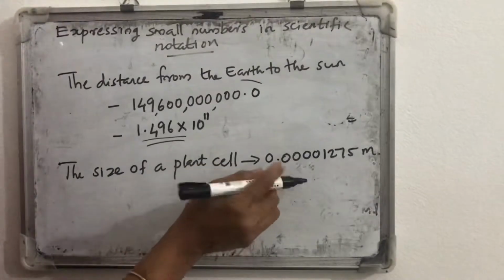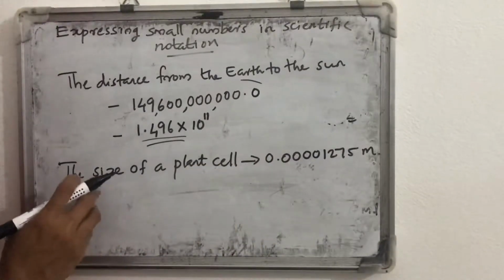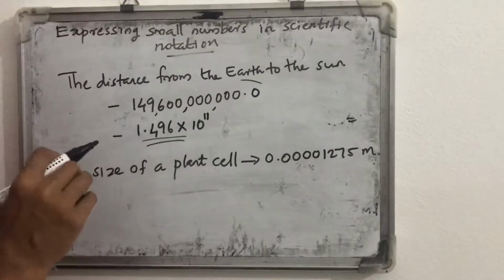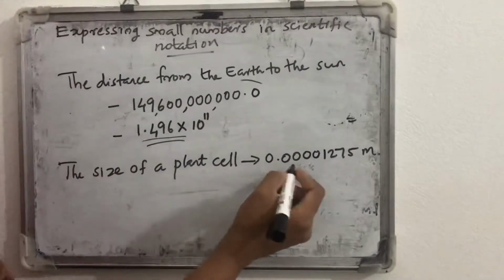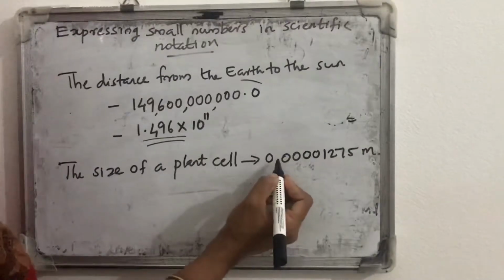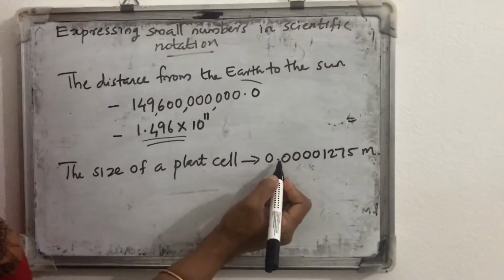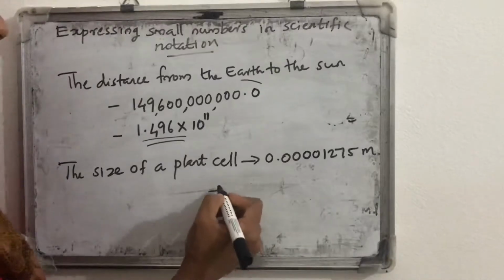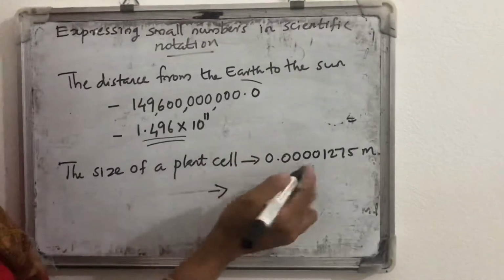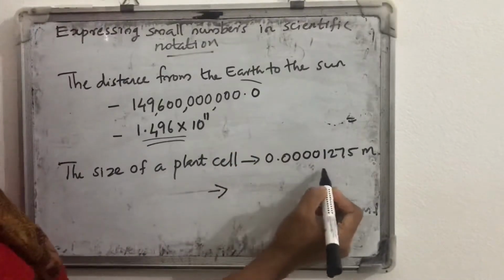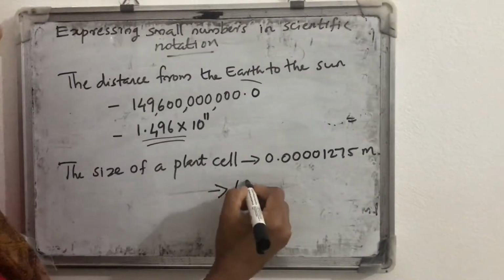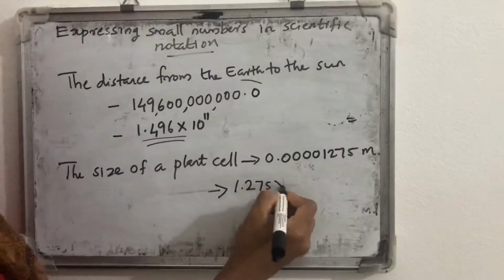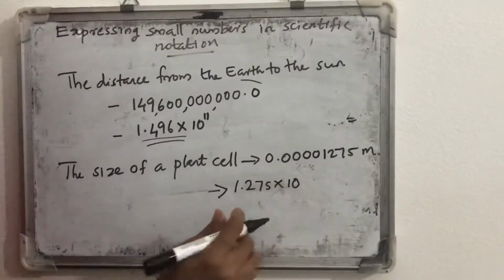Now if the number is very small, just like one example, the size of a plant cell, which will be very minute, how can we write this? Here the decimal point is here, but we want to convert this into scientific notation. We want the decimal point to reach between the digits, 1.275 into 10 raised to a power.